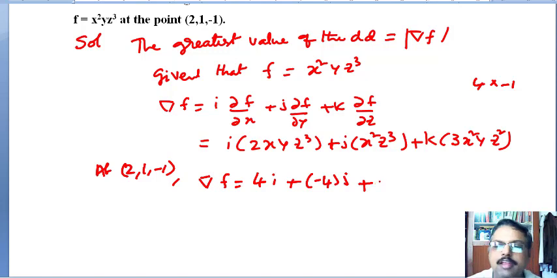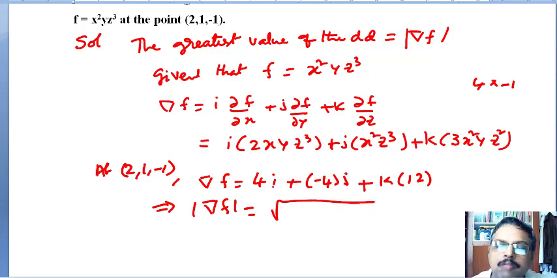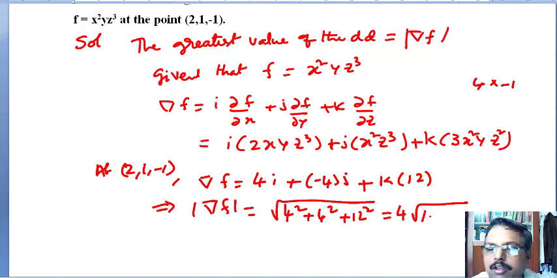Plus 3 into x square, x square is 4, 12, into y is 1, into z square is 1. Total value is 12. Now what is the magnitude of this? Known formula: square root of 4 square plus 4 square plus 12 square. If you take 4 common, 1 plus 1 plus 3 square, that is 4 root 10.